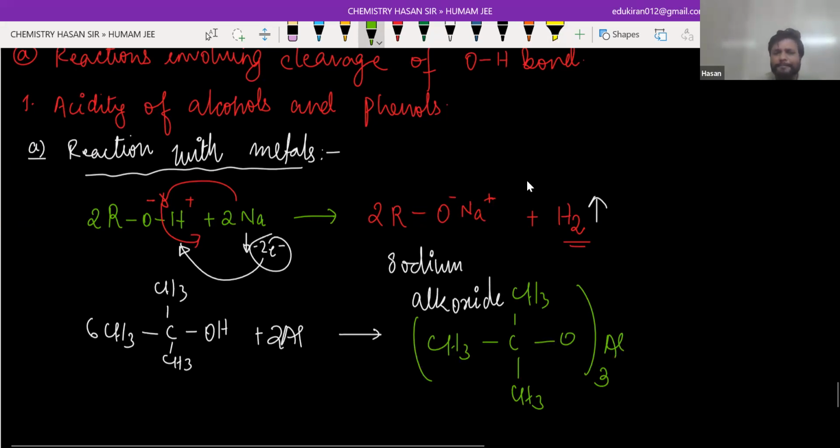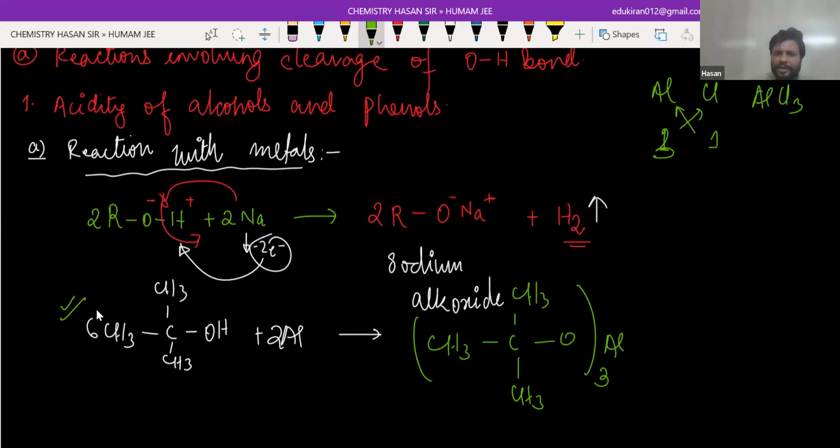Because you know that alcohol has one valency, like in class ninth you have studied basic formula writing. Aluminum has a valency 3, chlorine has a valency 1, so it will be multiplied, AlCl3. So this alkoxide has valency 1 and this has a valency 3. So it will be like this. And to balance it, you are going to multiply it by 2, plus hydrogen gas will be formed. And this is called aluminum tertiary butoxide.